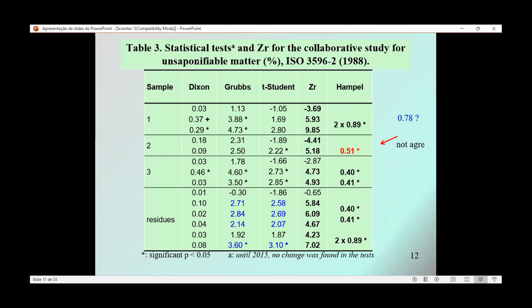The statistical tests made for unsaponified matter in the collaborative study of ISO showed that for sample 1, the tests did not conform. For sample 3, the same had happened.